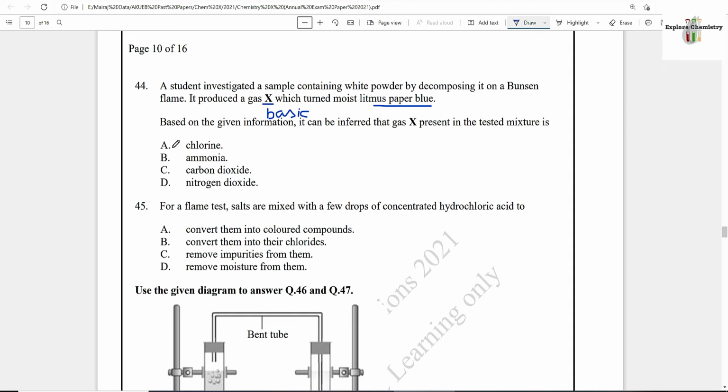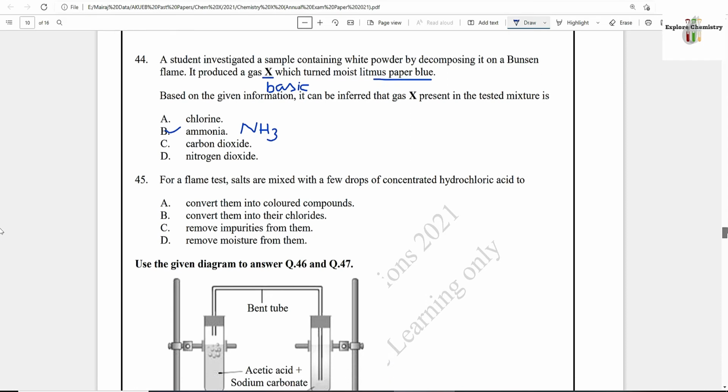Chlorine is not a basic gas. It is neutral. Ammonia is a basic gas. Ammonia, NH3, is a base. So this will be the correct answer. Carbon dioxide is an acidic gas. Nitrogen dioxide is also an acidic gas. So only option B is the answer.